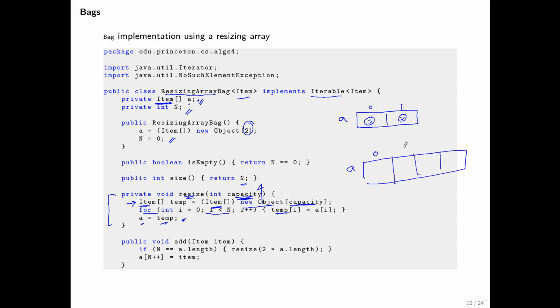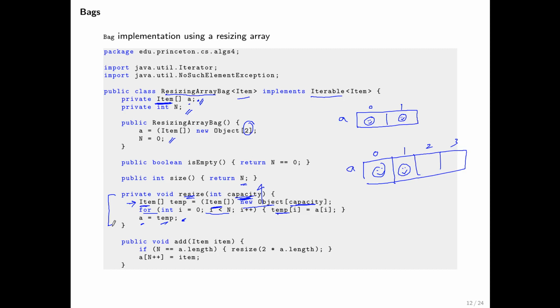All right, 0, 1, 2, 3, and then these values are copied in. And nothing here, so these two guys are null. So now, as you can see, after the resize operation, this has more capacity, so it can store more items. Okay, so that's basically the idea.